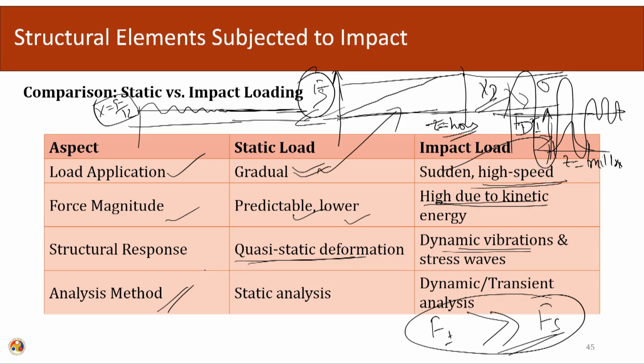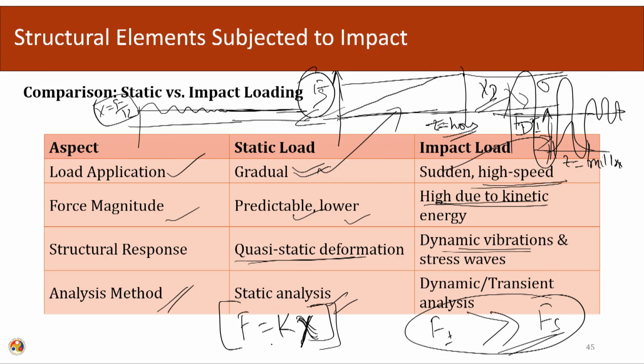How we deal with the system? The analysis method, we can normally do a static analysis where we can use the equation force is proportional to the stiffness. Force is directly proportional to the deformation in the system and constant of proportionality is the stiffness in the system.